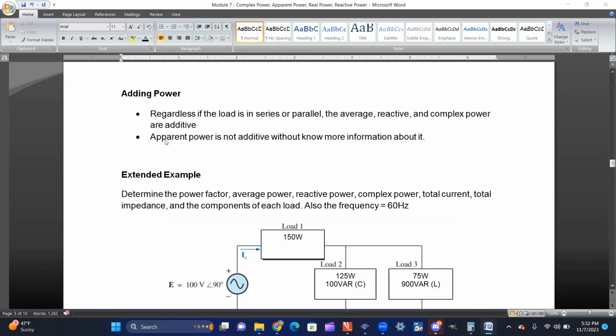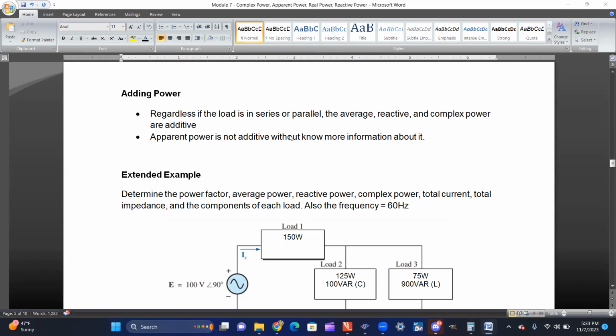The only thing that you can't add together like that is your apparent power. It is not additive without knowing more information about it, because that apparent power can be at a different angle.